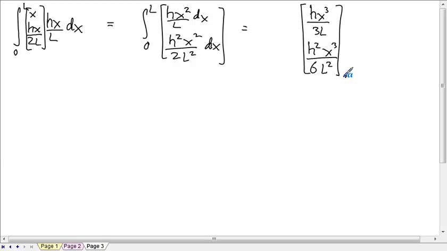And we're evaluating it from x equals 0 to x equals L. And so if you plug in L for x, you get h L to the third over 3L.